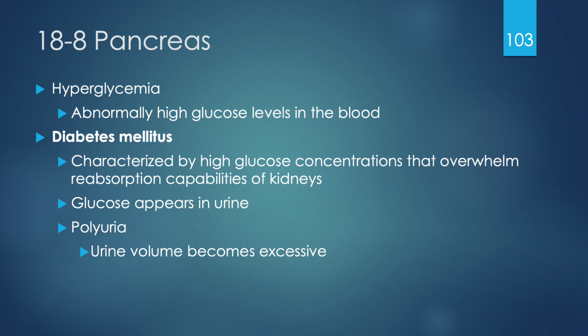So in this case, you'll find glucose present in urine, which is not normally identified in most healthy people. And you'll also see something called polyuria, poly meaning multiple or frequent, and uria being urination. In other words, it requires people to urinate frequently because they're urinating out that excess glucose.